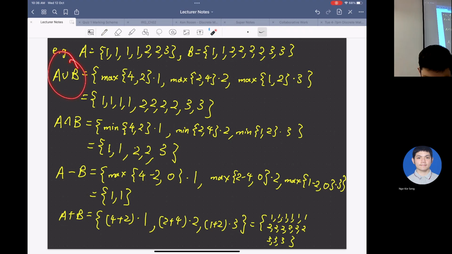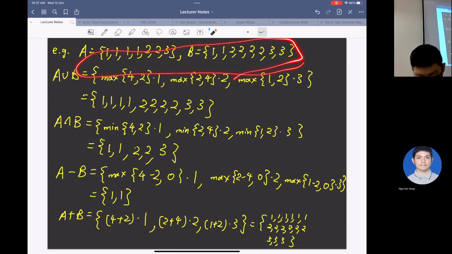So A union B, you just get 4 of these and then 4 of these, and 3 of these. Okay, and then A intersect B, you get 2, 2, 1. And then A minus B, what happened is you take away these 2. Because you need to take away 4 of them, you only have 2, so 2 take away. So this one need to take away 2, you only got 1, so you take away. So you are left with 1. A plus B, you just sum of them.